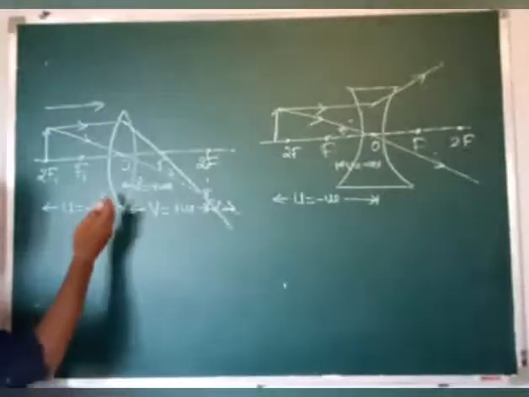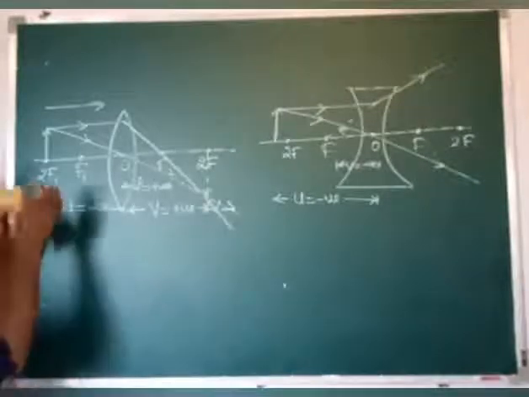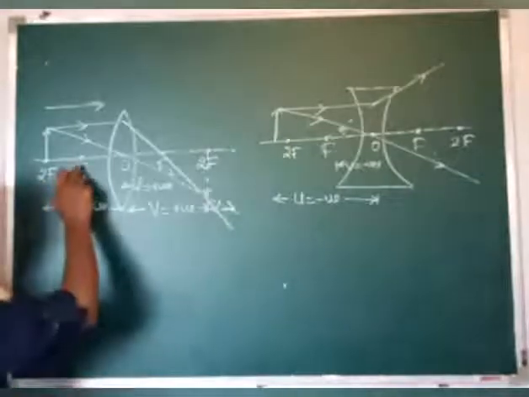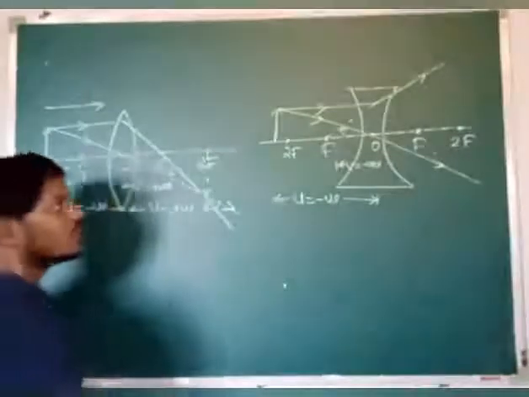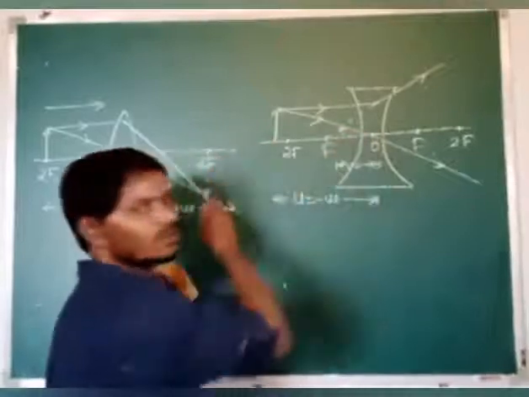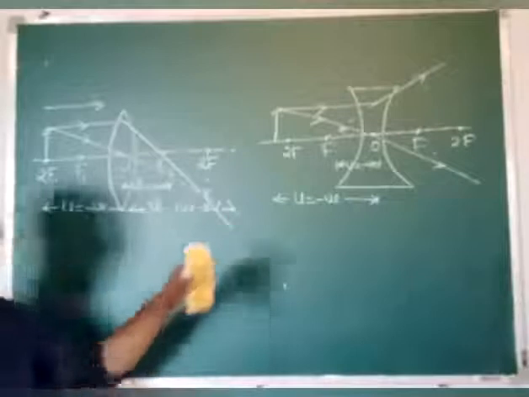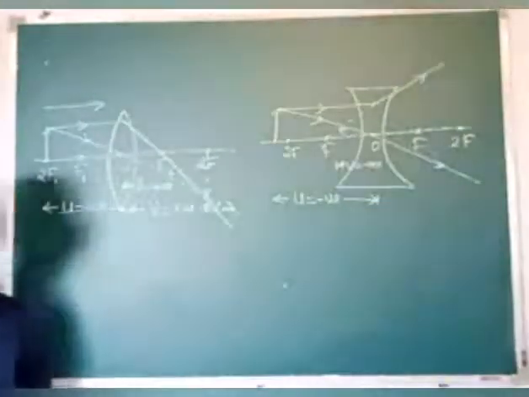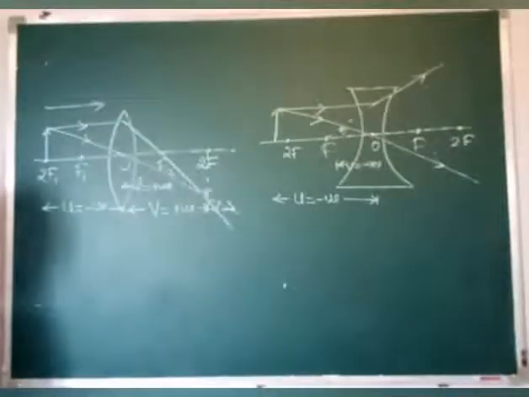Then here the object distance is negative, and the image distance is also negative, because image and object both are at the left side only when the object is in between F and O. But in case of a concave lens, always object and image both are at the left side only. And the object distance and image distance can be taken as negative, and the focal length of the concave lens is already negative. So this is the way to use the sign convention while using the lens formula.